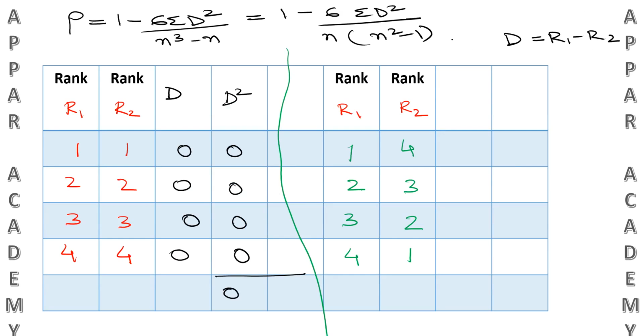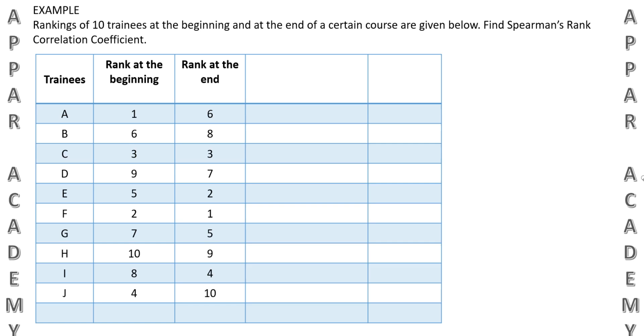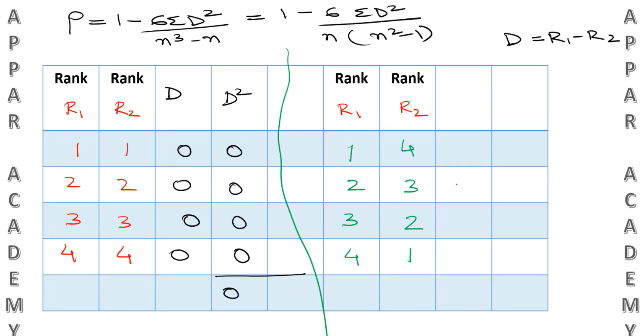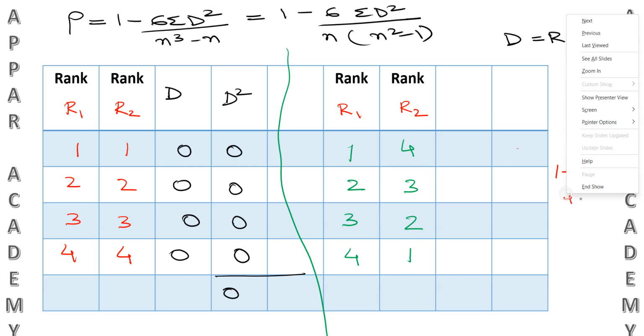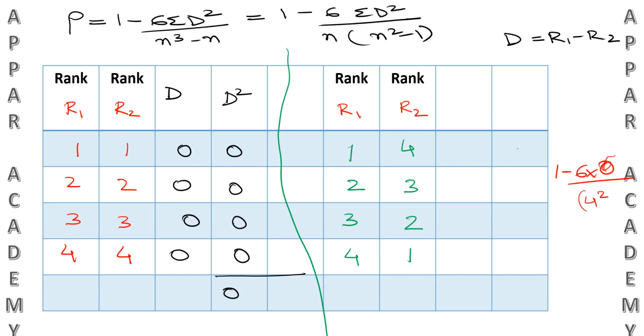Now let's put this in the formula. 1 minus 6 summation d square, that means 6 into 0, upon n, n is 4, into 4 square minus 1. Now this becomes 1 minus 6 into 0, which is 0, so this becomes 1. So the correlation coefficient over here is 1.